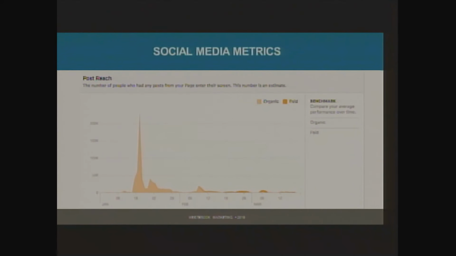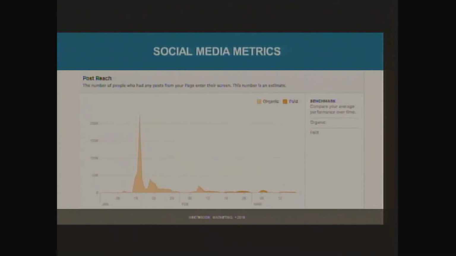And then I just did a sampling of social media metrics. There are so many metrics to go through that I just picked a few. So this is from this past quarter. We had a big blip there in January for some reason. But no, that was the ice disc.